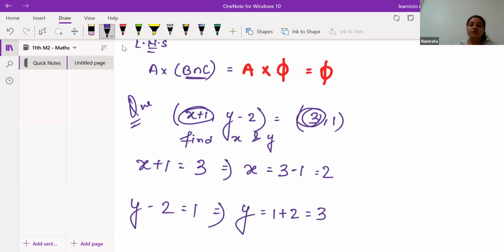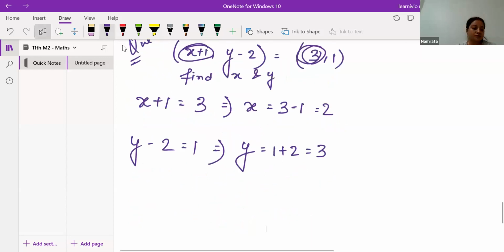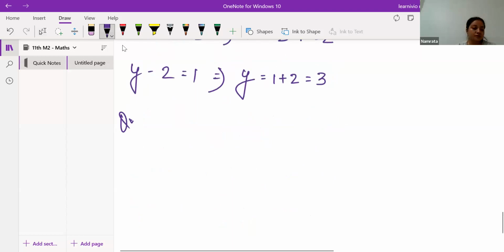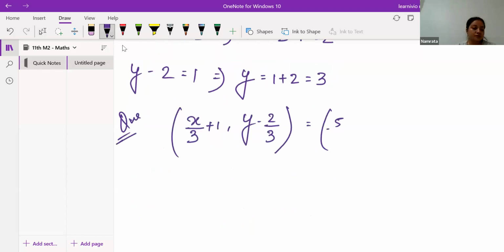Similarly, if we are having another question as (x by 3 plus 1, y minus 2 by 3) is equal to (5 by 3, 1 by 3).